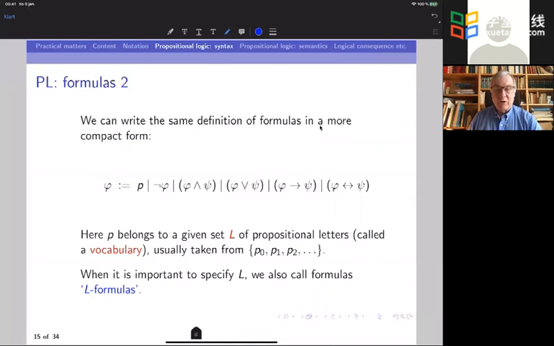Phi is a formula if it is P, or if it is not phi, where phi is a formula, or if it is phi and psi, etc. So they don't mean anything else. It's just a short way of writing inductive definitions of formulas.